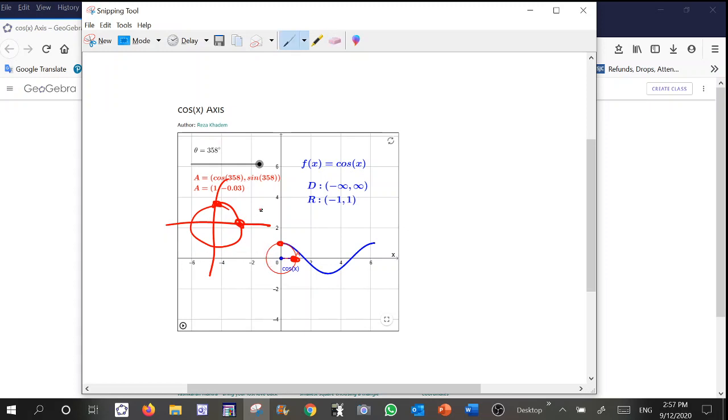So when we are over here, the blue point is over here. When I'm over here, cosine is 0. When I'm at pi, cosine is -1, as you see right here. When I'm over here, cosine goes back to 0. And when I go back to 2 pi, cosine goes back to 1.